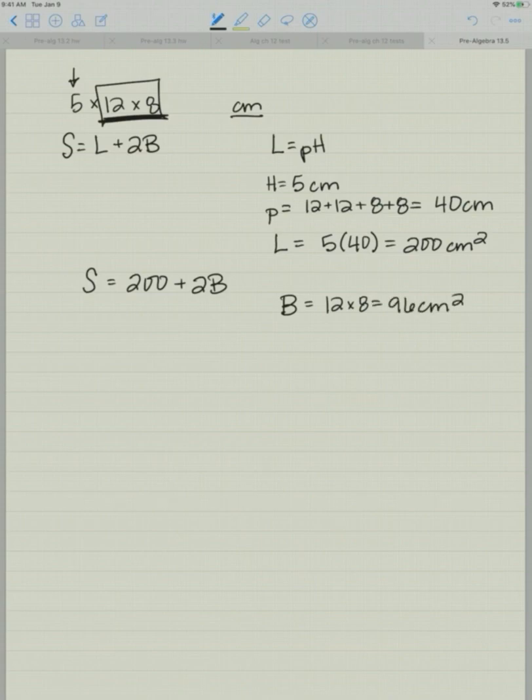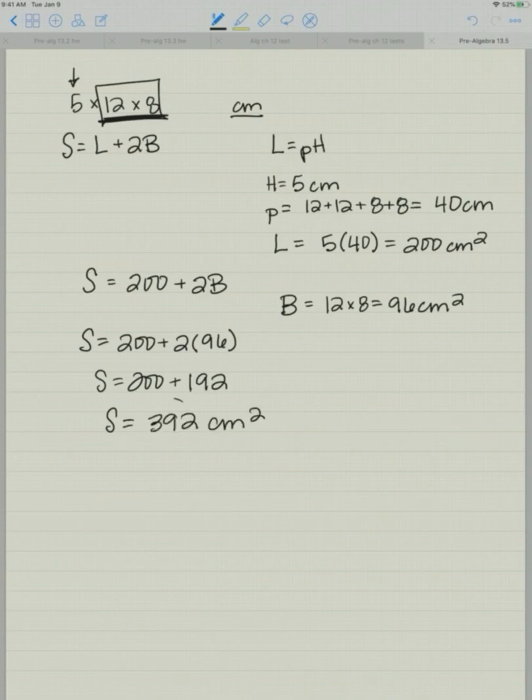So now I'm going to plug that in for big B. S is equal to 200 plus 2 times 96. S is equal to 200 plus 2 times 96 is 192. S is equal to 392 centimeters squared. That's how we work through number 1.